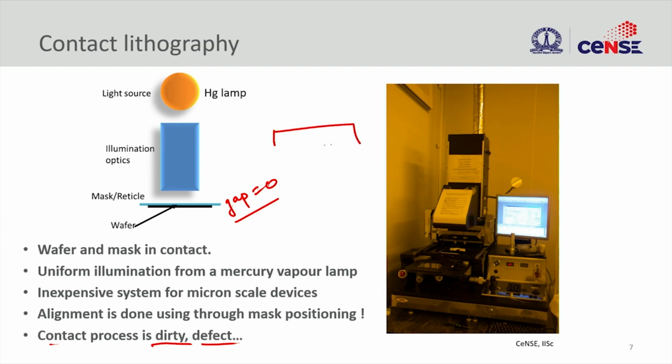So if this is my wafer, and my mask is coming onto my wafer surface here, you will see there is no gap between these two. But if I have any contaminants either on silicon or on my mask, when I do this, this particle is going to damage my mask, and also it can get into my photoresist.